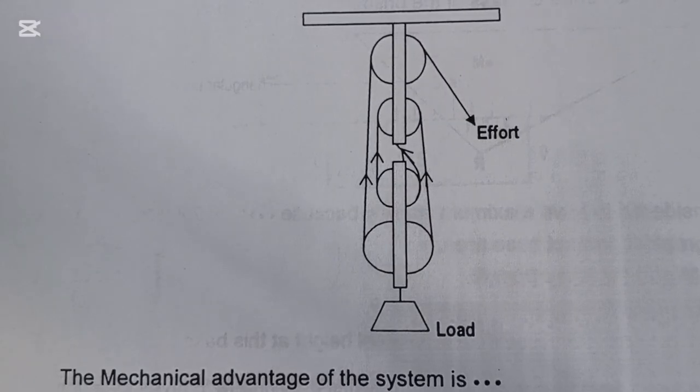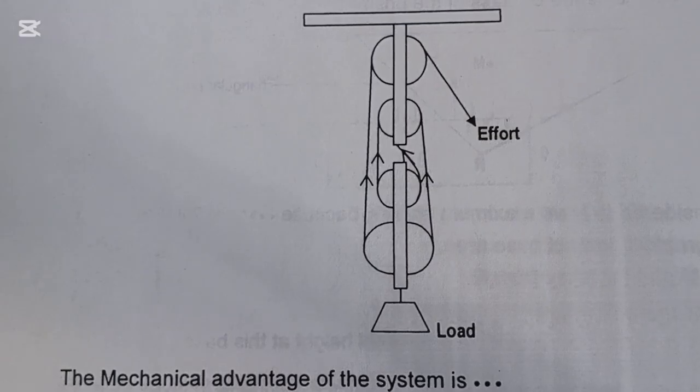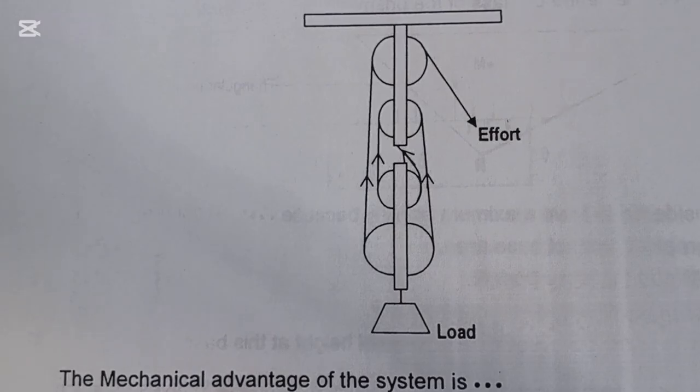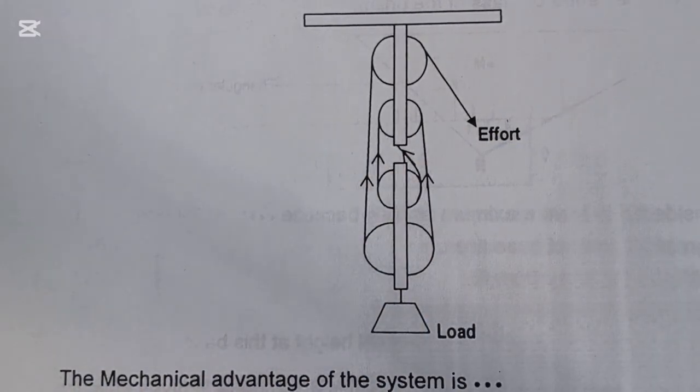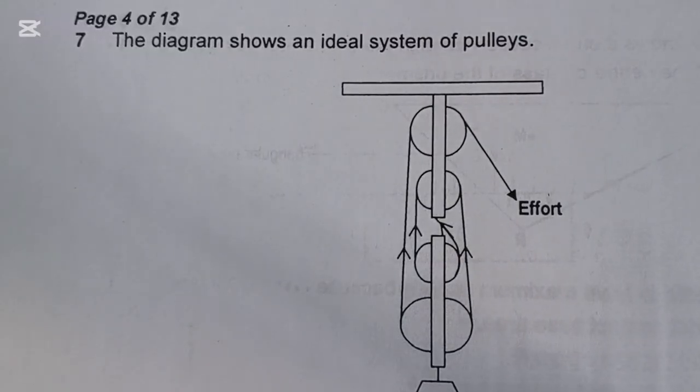So the question is, the mechanical advantage of the system is, so how do we calculate mechanical advantage? Mechanical advantage is equal to load over effort. In this case, effort is not given, the load is not given, but there is a key word in the question: ideal system of pulleys.